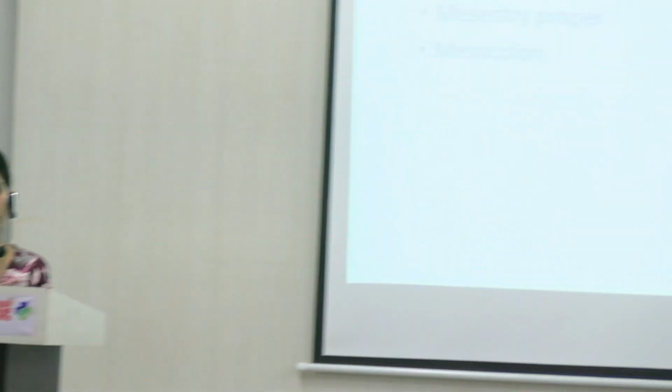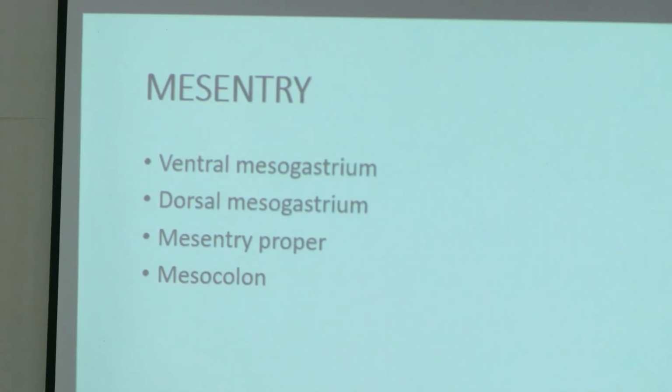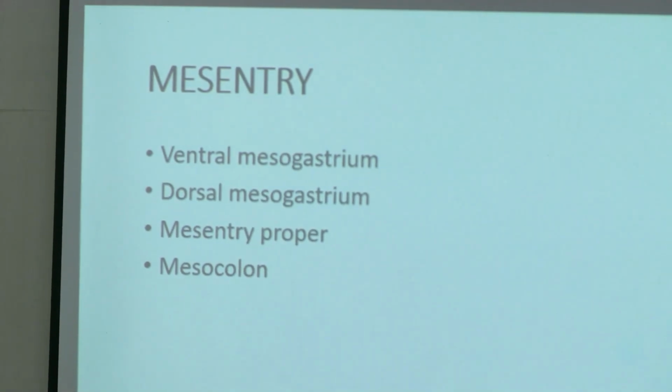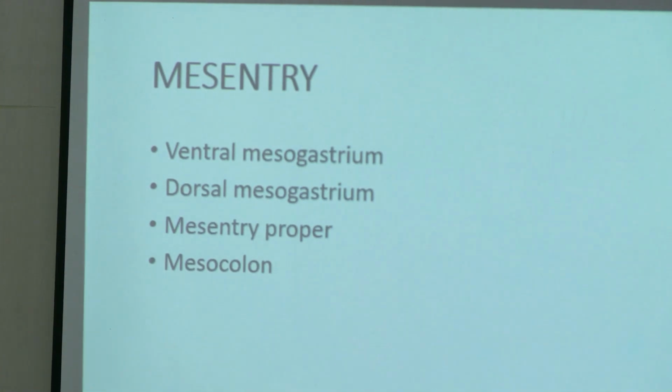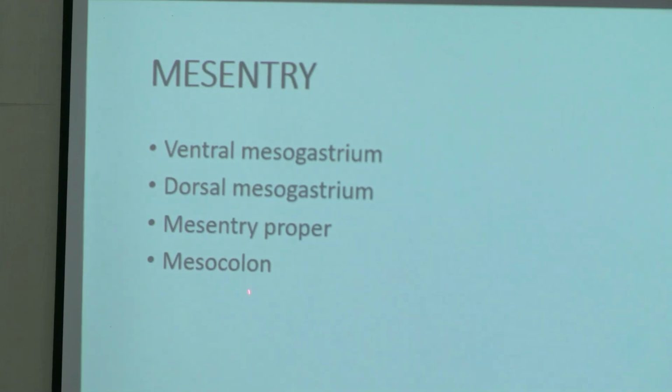Okay. We have 3 parts or 3 levels and we name them in different forms. The first one is mesogastrium, that is present in the stomach region. Next one is mesentery proper, that is present in the intestinal region, and the last one is mesocolon, that is at the caudal end part.